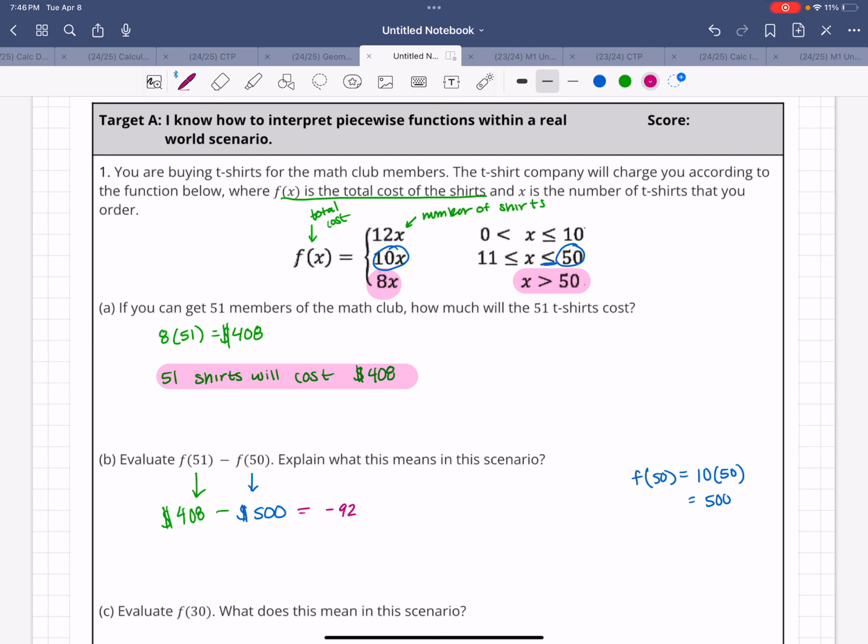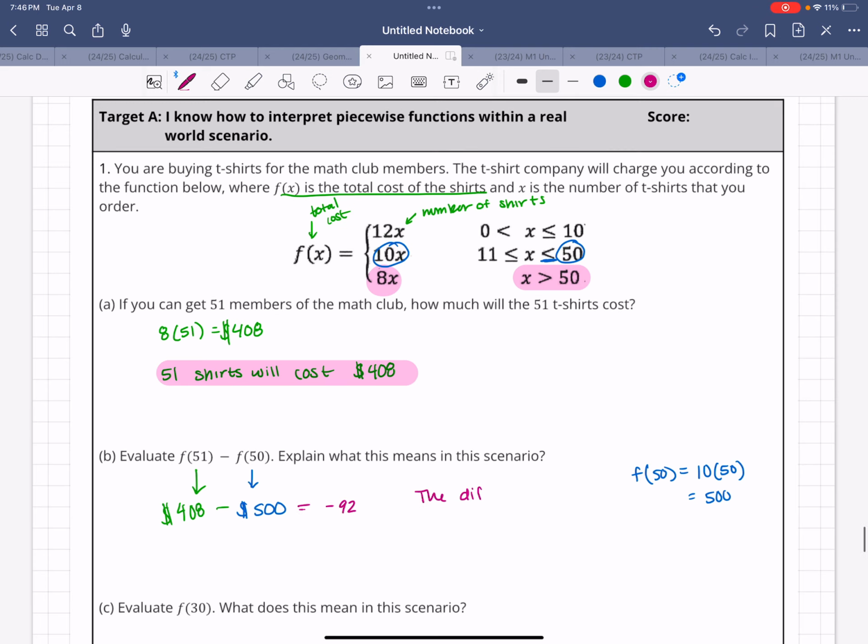What this means is basically this is the difference in cost. So essentially if you order 50 shirts, they're going to charge you $10. But if you order 51 shirts, you're saving money because they're only going to charge you $8.